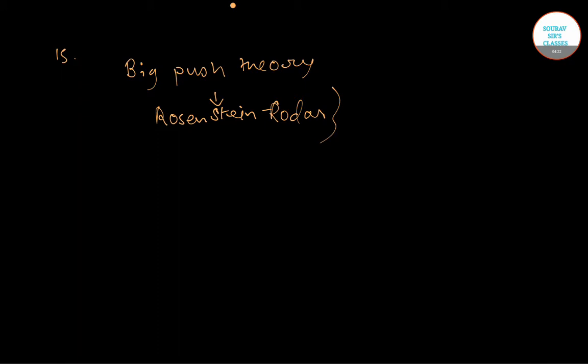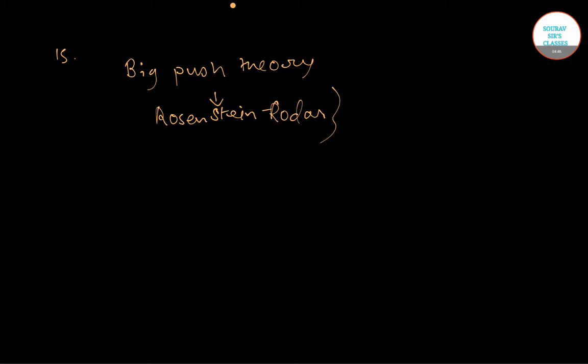Rosenstein-Rodden distinguished between three different kinds of indivisibilities and external economies. He gave indivisibilities in the production function, especially the indivisibility of supply of social overhead capital, then indivisibilities of demand, and indivisibilities in the supply of savings.